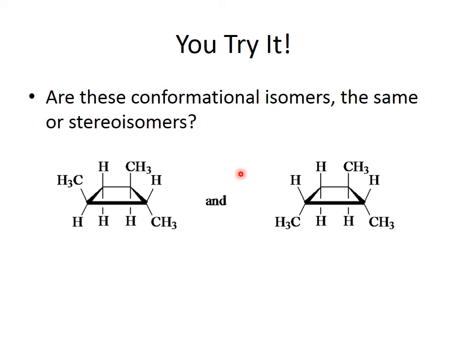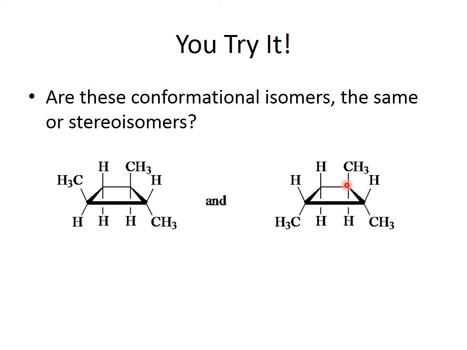Okay, again, pause the lecture and determine which type these are: constitutional isomers, the same, or stereoisomers. If I look at this one, it is 1,2,3-trimethylcyclobutane, and notice the methyls are up, down, up.